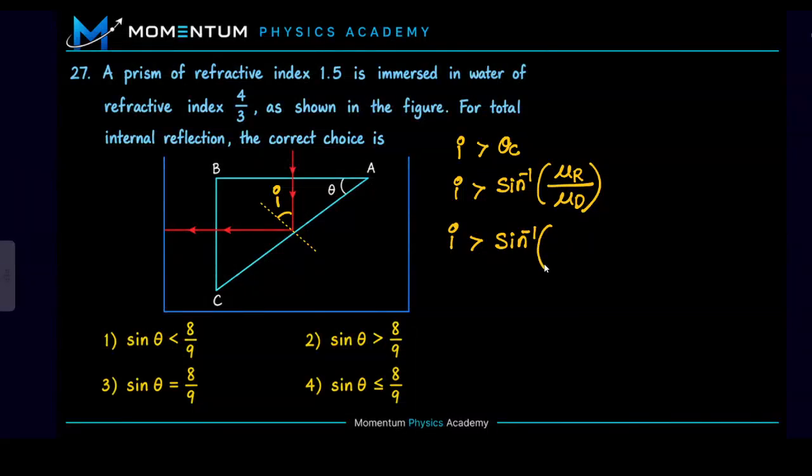The refractive index of water is 4/3, which means 1.33, and this is 3 by 2, the bigger value, isn't it?